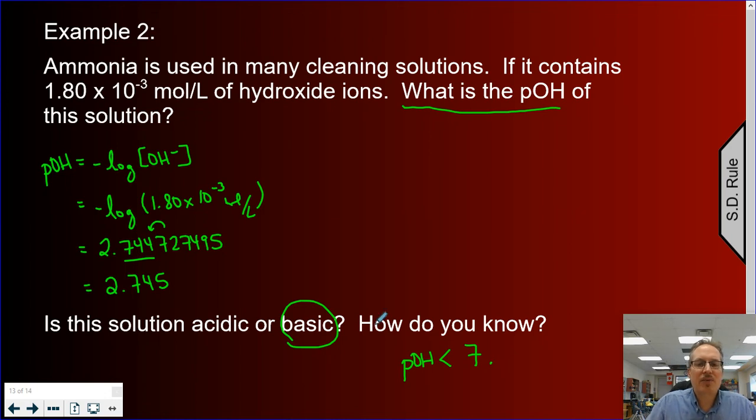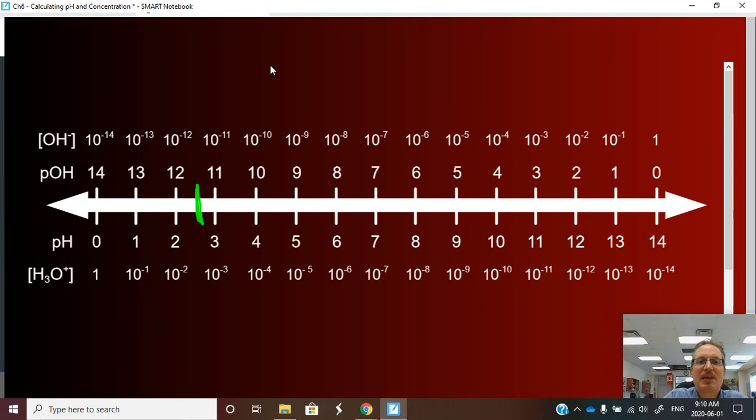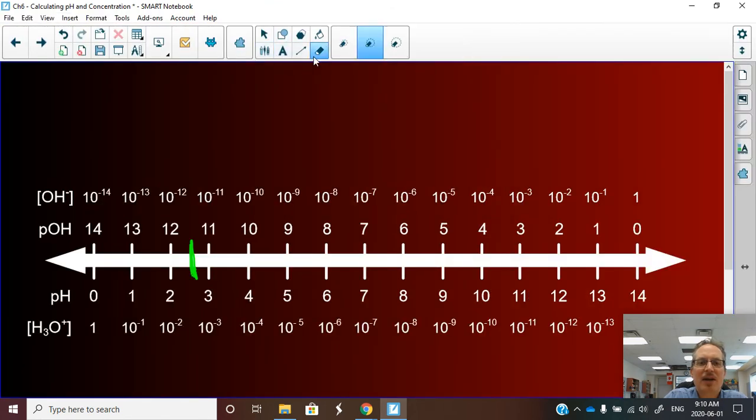Now, another reason I can say that I know this is because if I take a look on here, the pOH value we said was 2.7, so it's roughly here. Oh, see, I goofed that. Let's try that again.